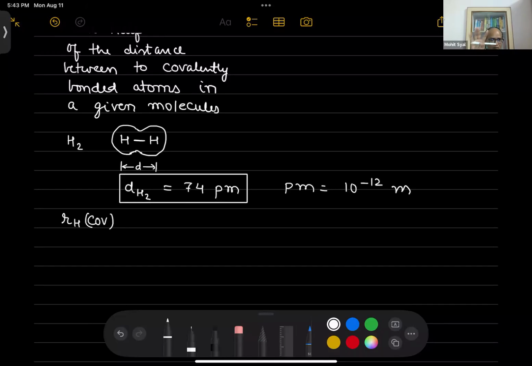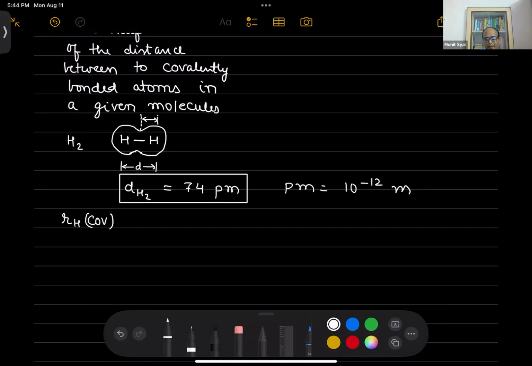If the distance between the two atoms is 74, how do you get the radius? This is not the size of one atom. This is the distance between them. So how do you get the size of one atom? You divide it by 2. You just half it. Is it clear or not? So if you half it, it will give you this distance.